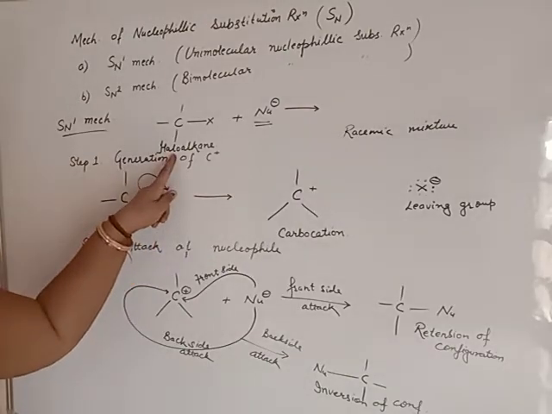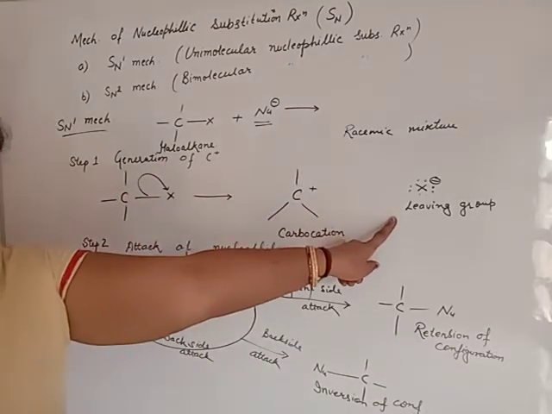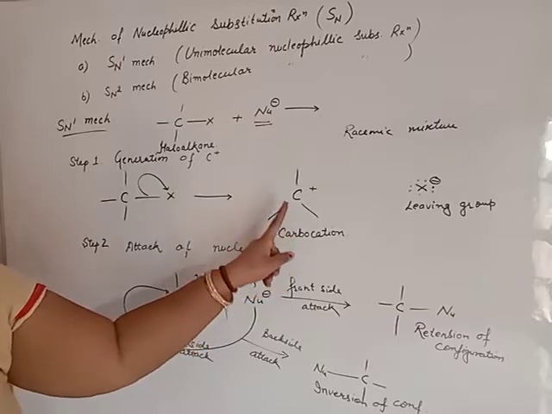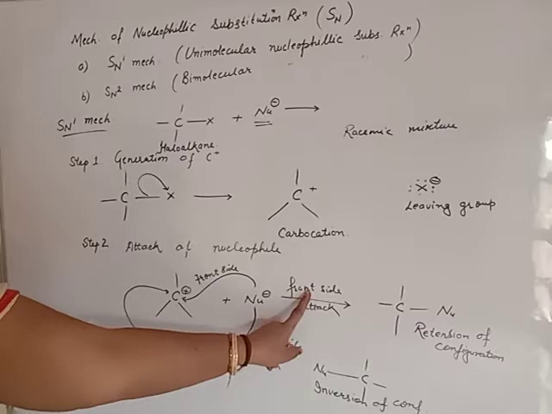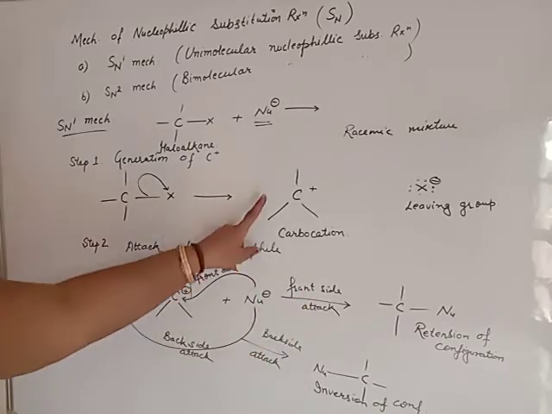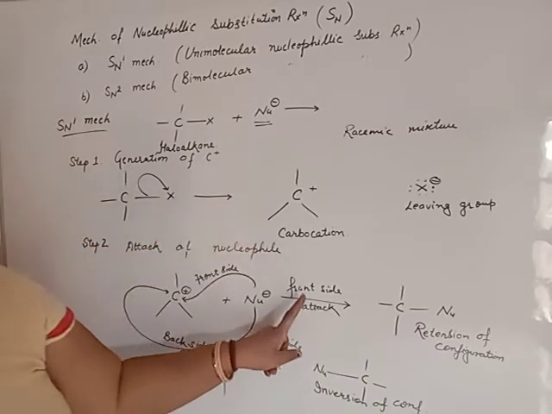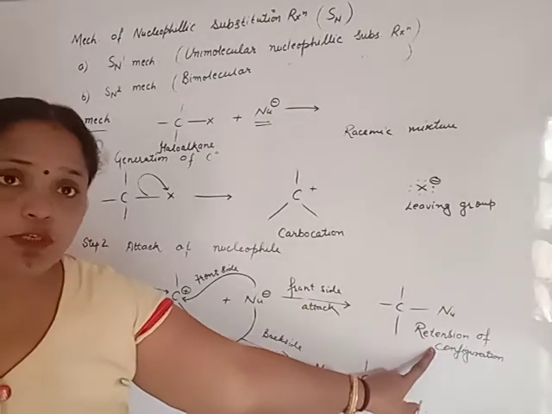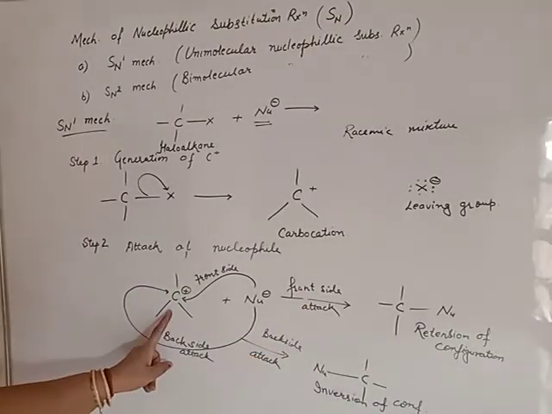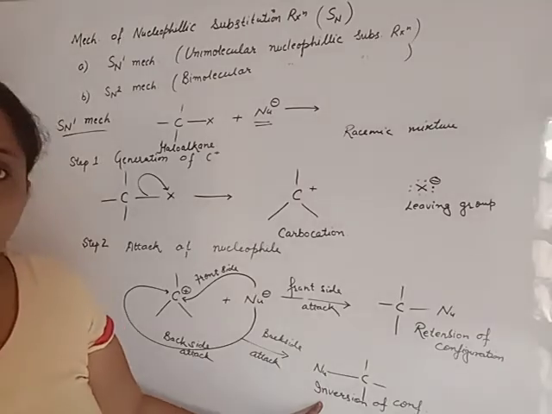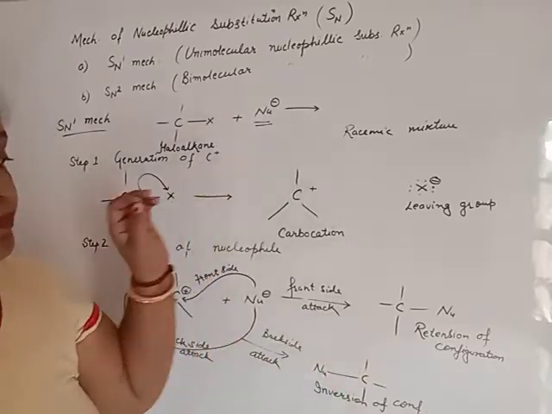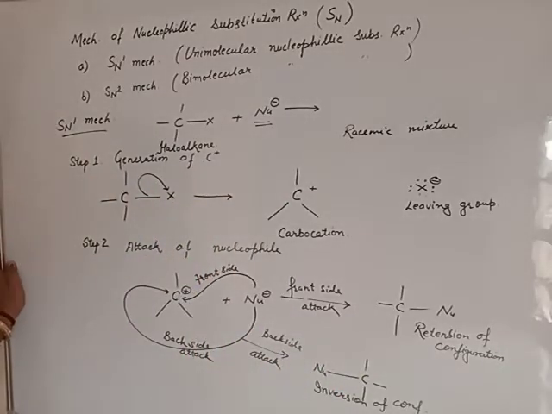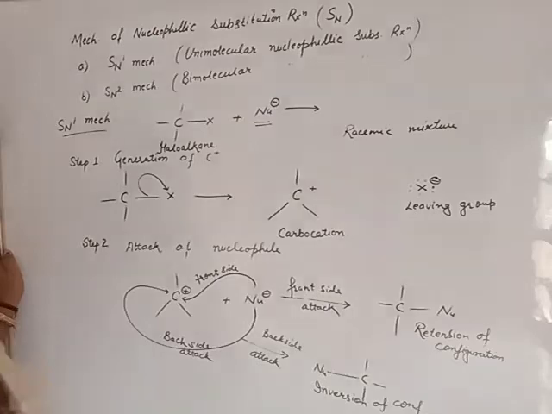Alkyl halide leaves the halogen as leaving group, becomes carbocation. Then nucleophile attacks this carbocation either from front side or back side. Front side attack gives retention of configuration; back side gives inversion. Equimolar concentration of these two configurations of product is known as racemic mixture.